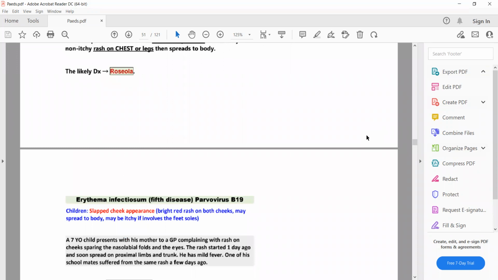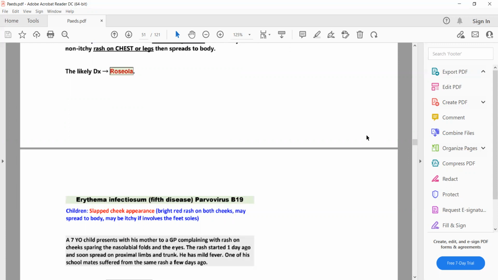A 7-year-old child presents with his mother to a GP complaining of a rash on the cheeks, sparing the nasolabial folds and the eyes. The rash started 1 day ago and soon spread to the proximal limbs and trunk. He has a mild fever. One of his schoolmates suffered from the same rash a few days ago. So, rash on the cheeks in a 7-year-old child.